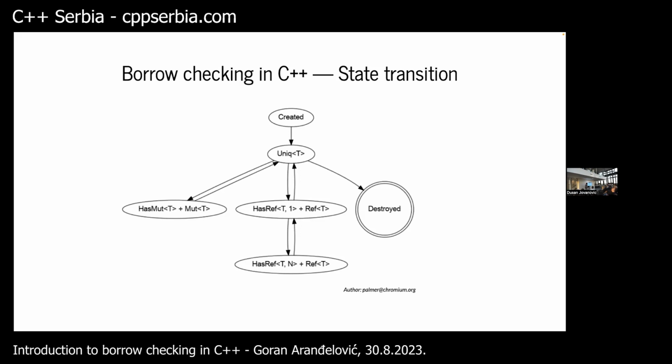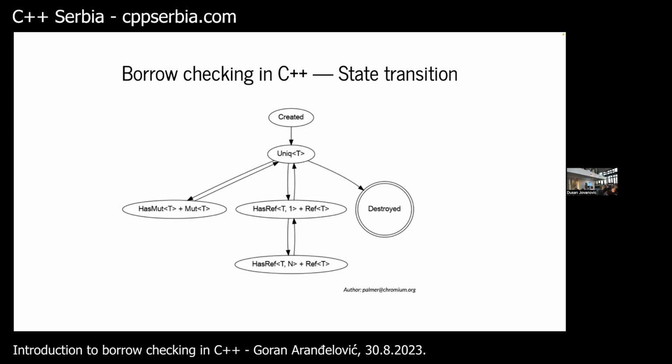Of course, the other state is that you can have as many immutable references as you like, and these two circles describe that. The first one has ref T1. This is the base case when you have only one immutable reference.